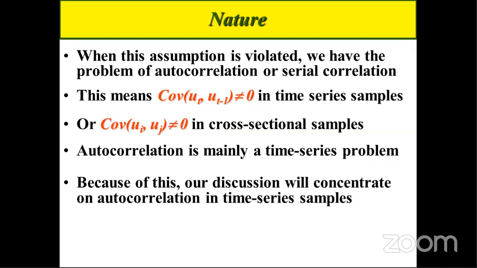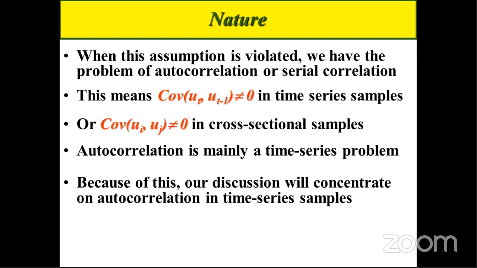So if you have a cross-sectional type of data, certainly you may have a problem of heteroscedasticity. And if the data you have selected is a time series type of data, then again you may have a problem of autocorrelation. It doesn't mean that there is no autocorrelation problem in cross-sectional data, or no heteroscedasticity problem in case of time series type of data.